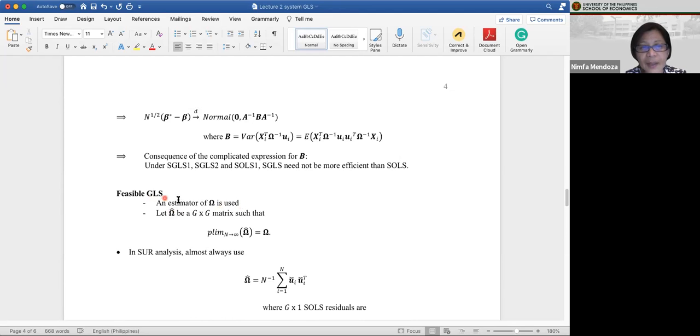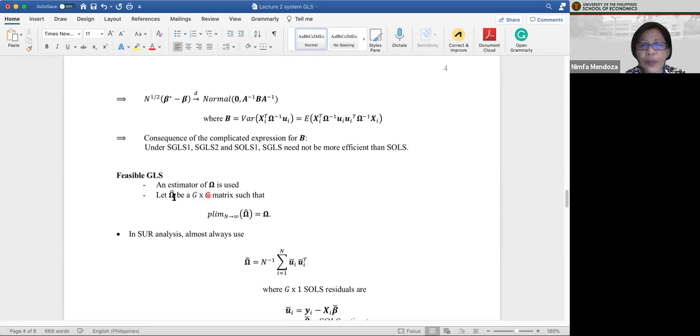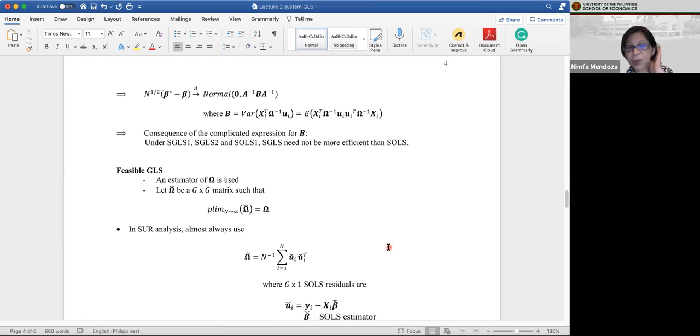In feasible GLS, an estimator of omega is used. Let that be omega hat. So that is a G by G matrix. And we usually want that estimator to be a consistent estimator of omega, so the probability limit of omega hat is omega. How do we get an estimate of omega hat?